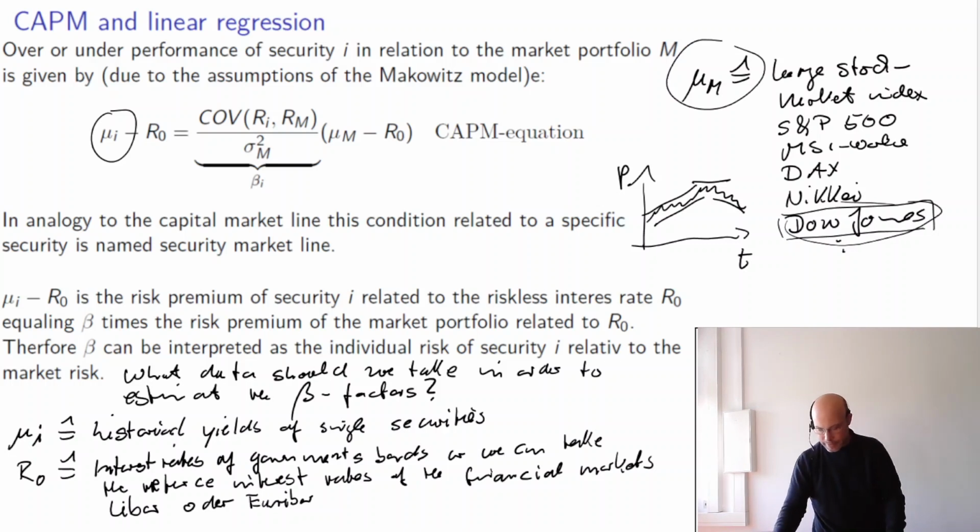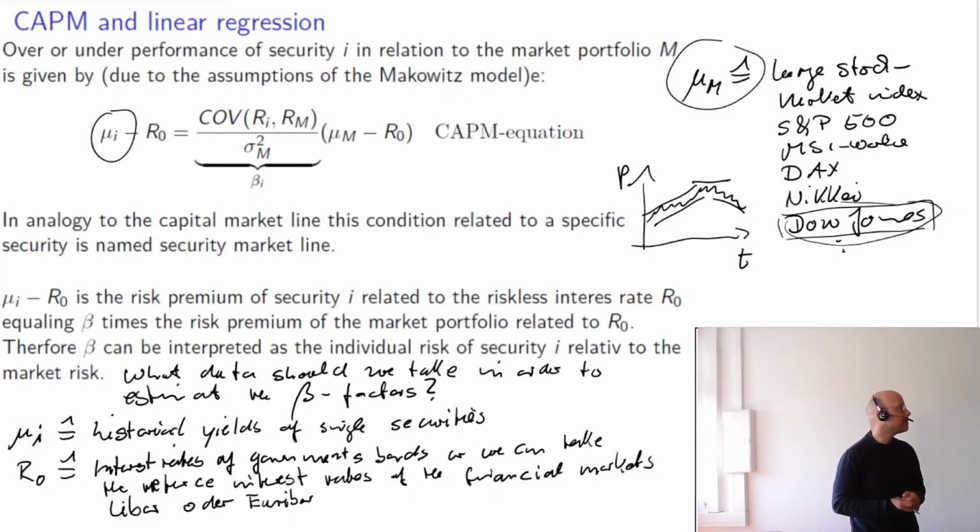Okay, so now we are at the stage that we say, what do we take? Of course, we take here the yields of the single securities for R0.